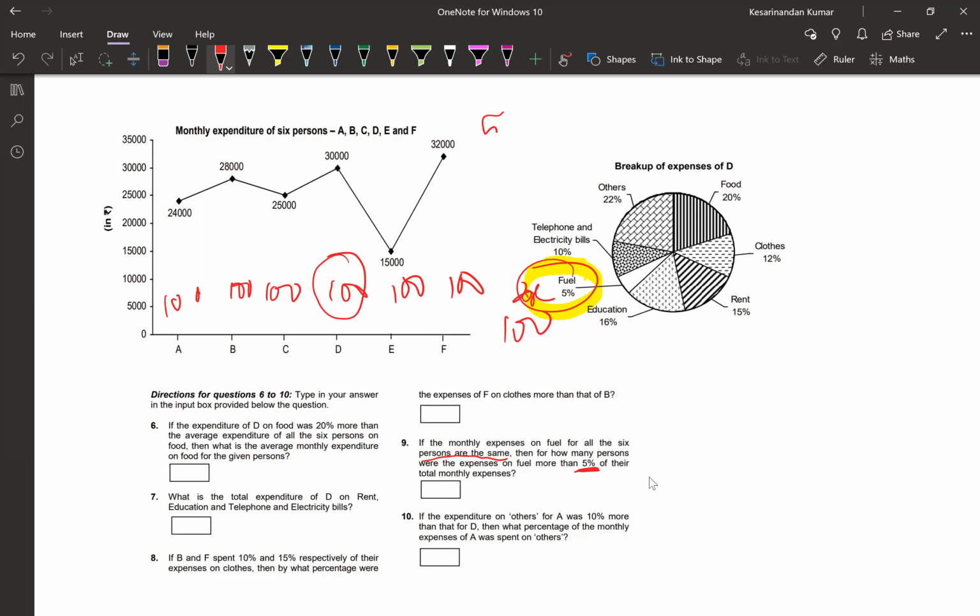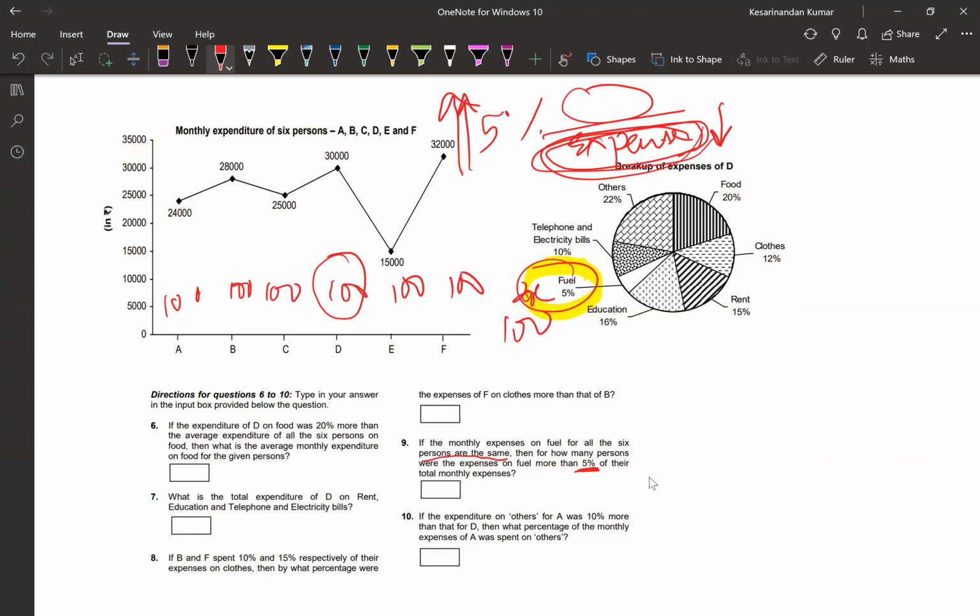Now, how did this 5% come? It is fuel charge divided by expense. If these expenses are reduced, this 5% will become more than 5%, right? That means if I search for people who have their expenses less than D, naturally this number will be greater than 5%.